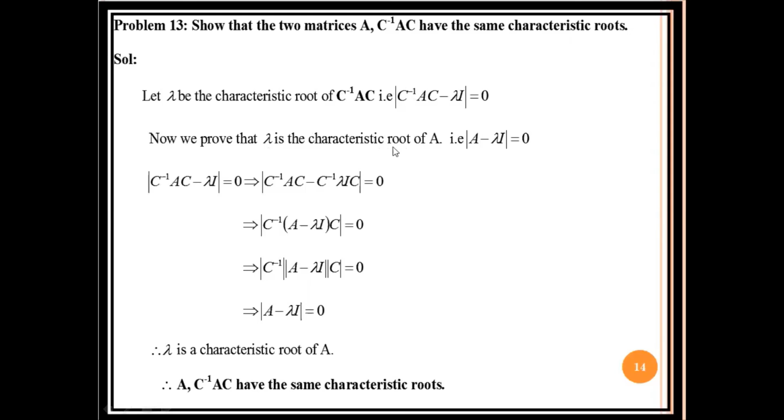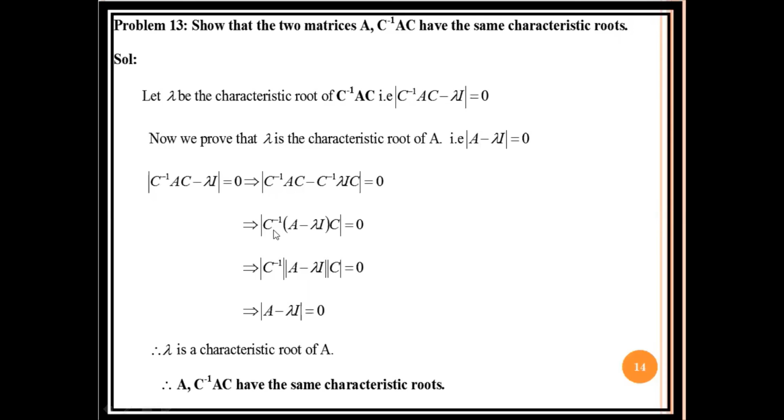Now consider this. In the second term, lambda I, we are introducing C inverse C. C inverse C is nothing but I only. So we are splitting lambda I as lambda C inverse C, which is also equal to lambda I. There is no change in the value, right?